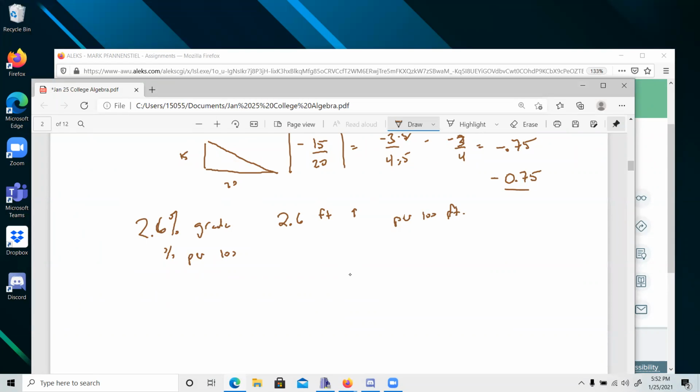This way, horizontal. So here we have the slope is 2.6 divided by 100.